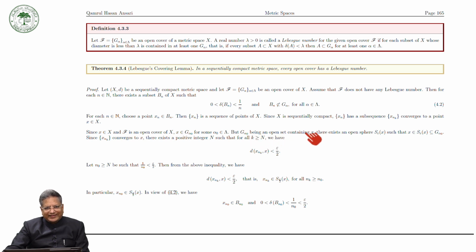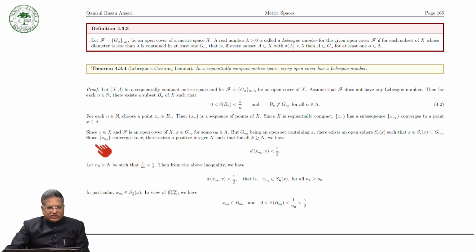It means that x is an interior point of this set, so x should be the center of some open sphere contained in it. So there exists an open sphere S epsilon x such that x is in the open sphere and the open sphere is contained in the open set G alpha naught.